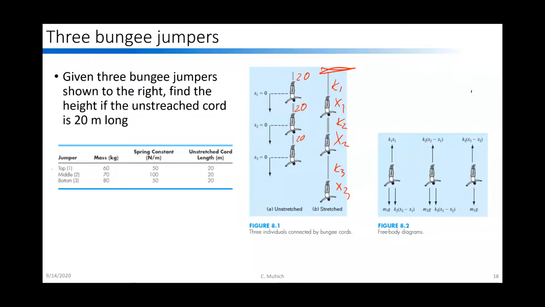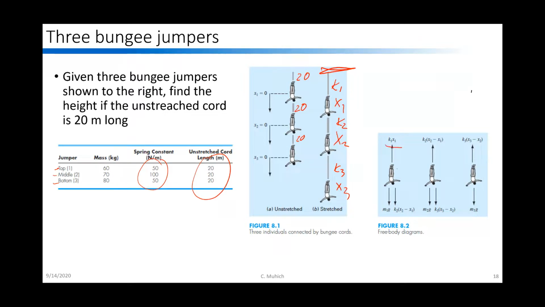Here I've listed out the bungee jumper, top, middle, and bottom, what their mass is, what the spring constant is, so those K1, K2, K3, and what the unstretched cord is. If I go over to the right and draw free body diagrams for each bungee jumper, we can see that there's 3 forces acting on the first bungee jumper.